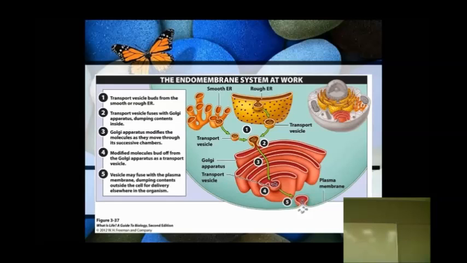It gets modified right here. It buds off in a vesicle, and it is sent to the plasma membrane, where we talked about exocytosis, where it's exiting from the cell, or like the cell basically spits it out. It burps it up, or maybe you can think of it as cell vomiting, if that's what you want to think of.